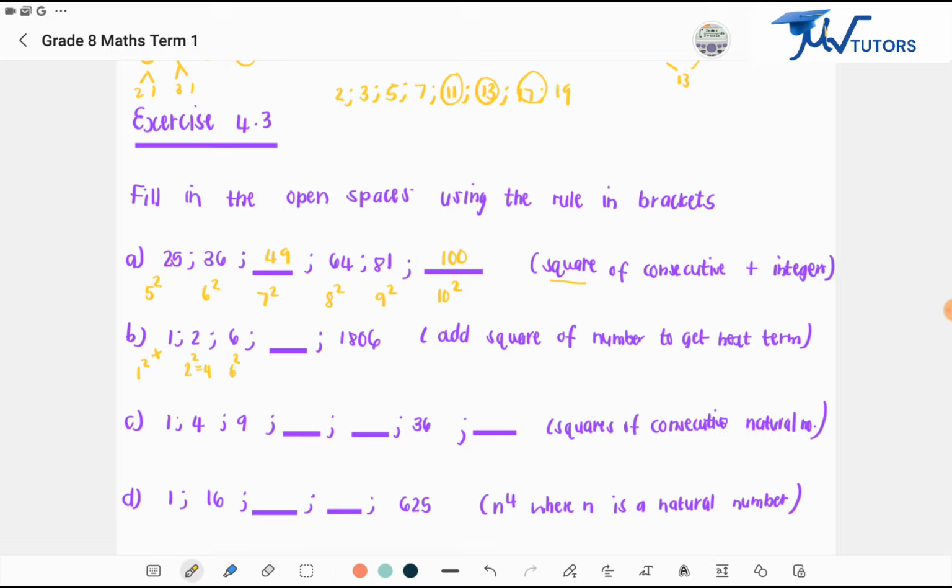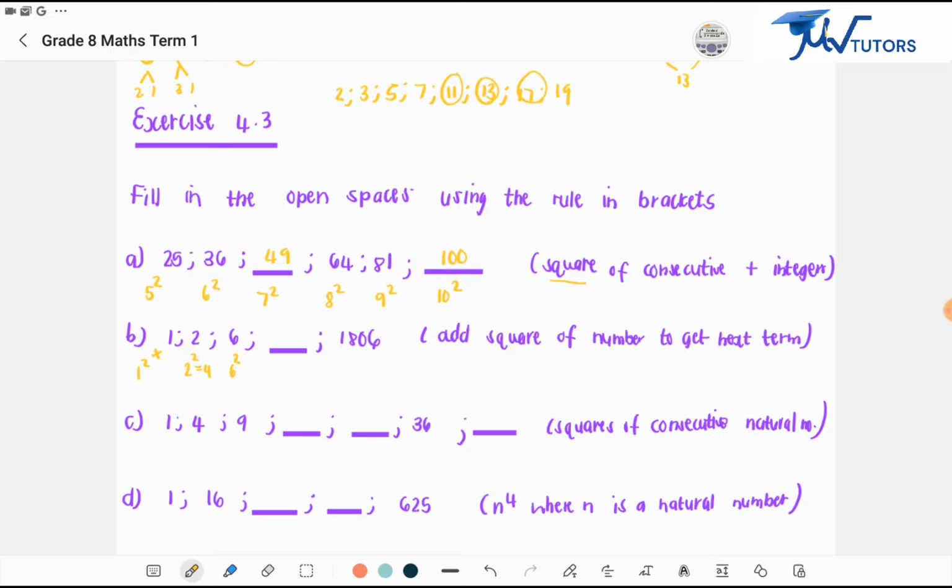All right, I hope you get it. You add the square of the number. Okay, that's why we keep adding it to get the next term. So we see here 1 squared plus 1 is 2. 2 squared plus 2 is 6. 6 squared plus 6 is 42.